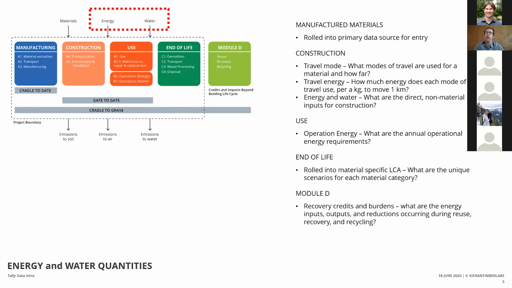So we have to understand, okay, for water, energy, other types of inputs, what's actually rolled into what we call the primary data source for our material for the manufacturing stage. That's the information that's really provided to us by ThinkStep, and it's a key part of what they do. And that information, of course, will then carry over into some of these other stages as well.